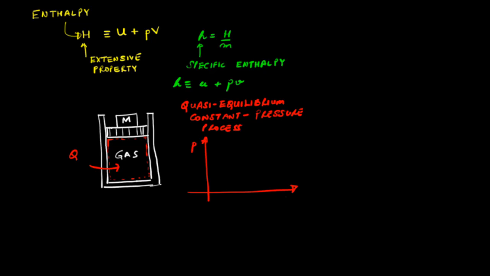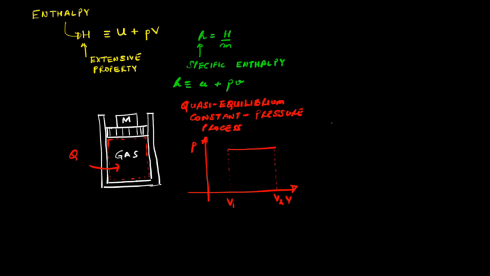So on a PV diagram, this means that we initially had the system at volume 1, and while keeping pressure constant, we take this system to a higher volume. Now let's see what we get when we apply the first law of thermodynamics.